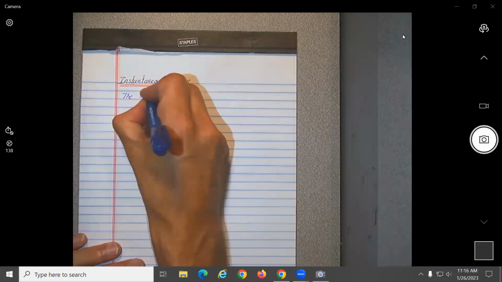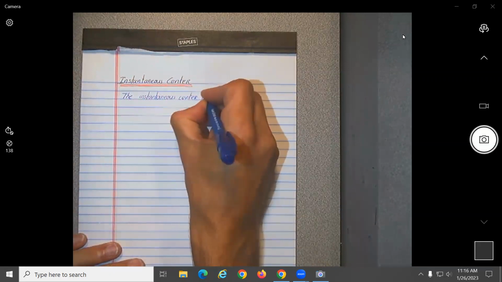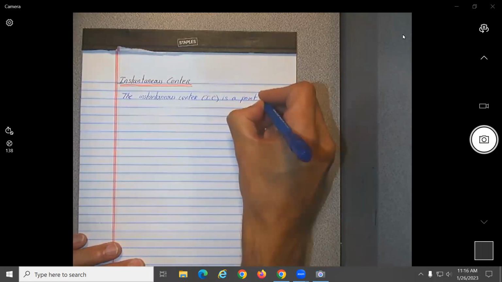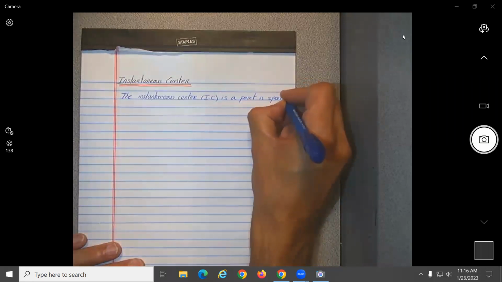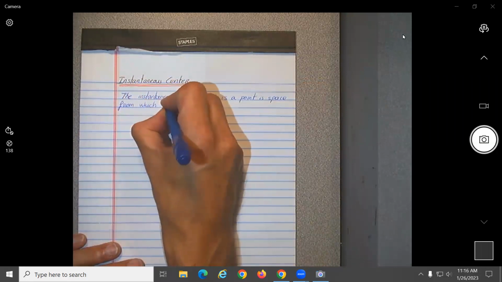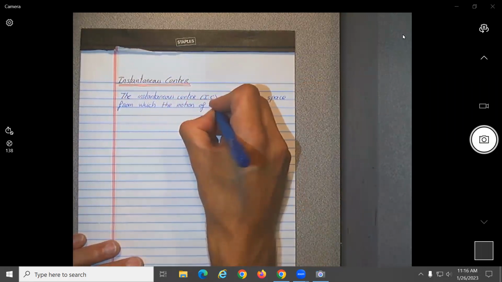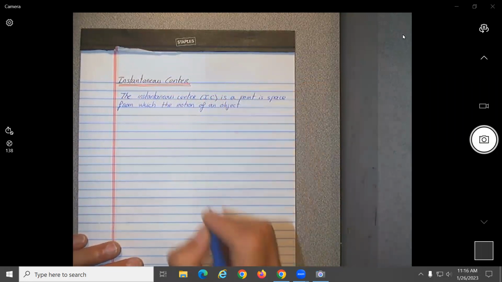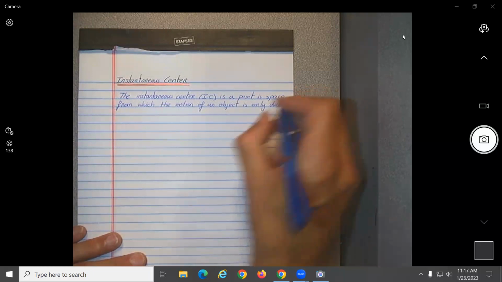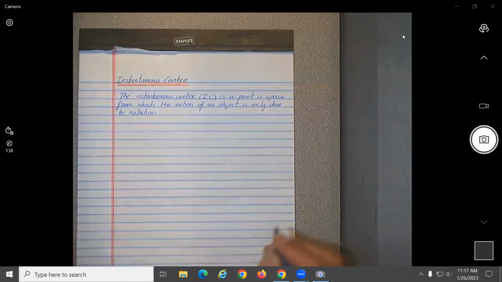The instantaneous center is a point in space from which the motion of an object is only due to rotation.